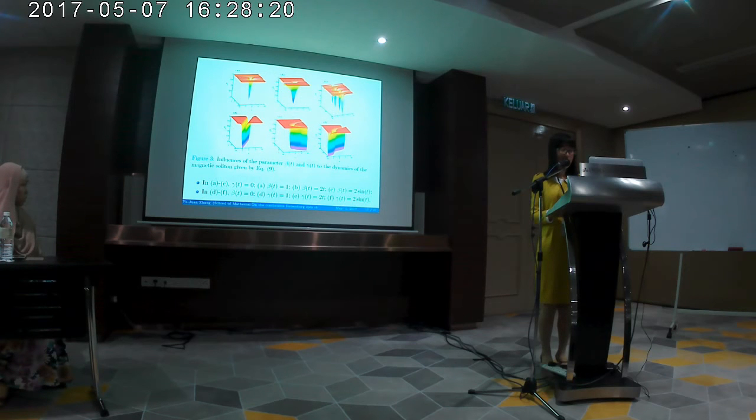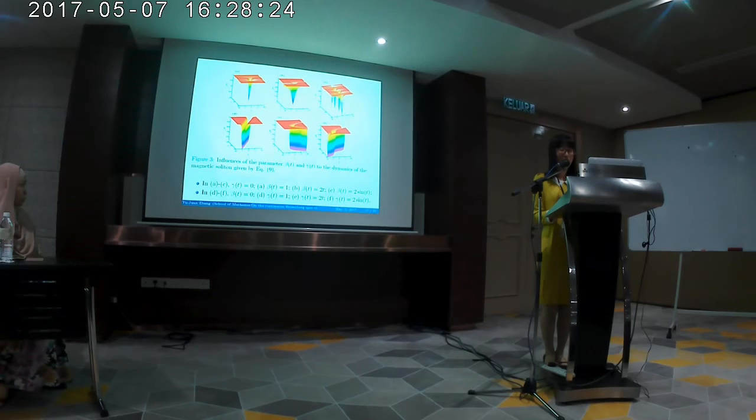The third figure shows the influences of the parameters beta t and gamma t on the dynamics of the magnetic soliton given by equation 9. In A, B, C, it has these parameters: beta t equals 1, equals 2t, and beta t equals 2 times sin t, and gamma t is 0.